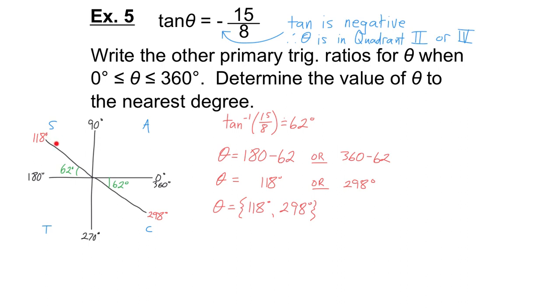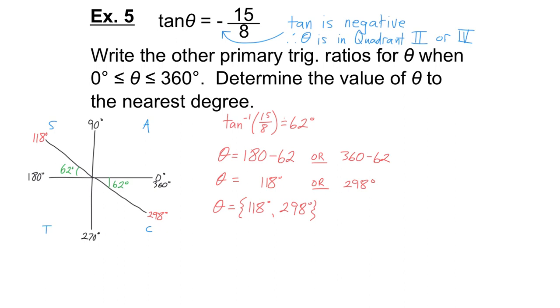So over here, this angle is going to be 62 degrees less than 180, which is 118 degrees. Over here, the angle is 62 degrees less than 360, 298 degrees. So there's two possible answers for the angle.